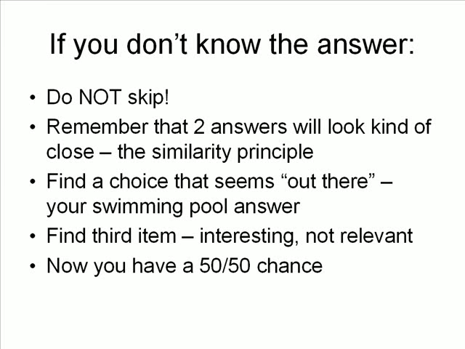It's just random, it makes absolutely no sense, and it's obviously not correct. So if you can find that, you can X that out. Now find your next item. It's interesting, it's a good answer, but it's not really relevant to the question. You can X that out. So now you're down to the answer and one that kind of sounds like the answer. And you have a 50-50 chance at this point.